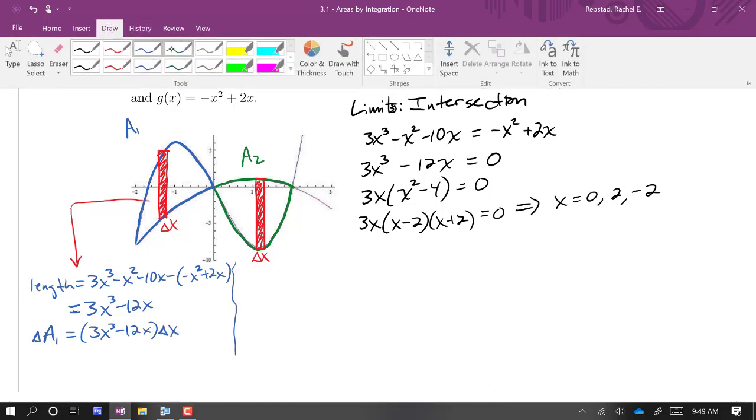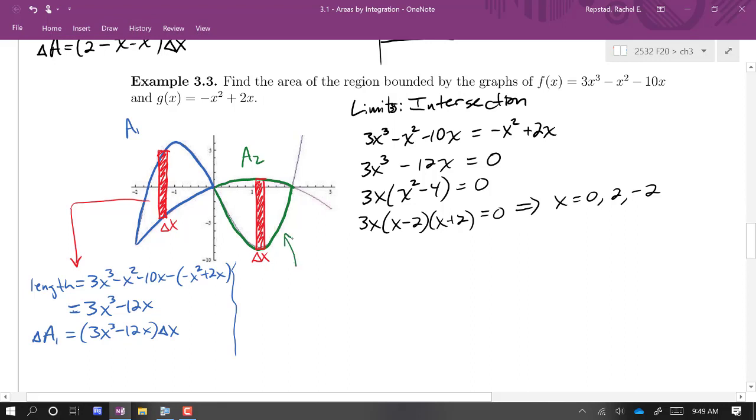Over here on the right side, this green region, our length, so the curves have just sort of flipped, right? The top curve now is the parabola, and the bottom curve is the cubic function. So this is negative x squared plus 2x minus 3x cubed minus x squared minus 10x.